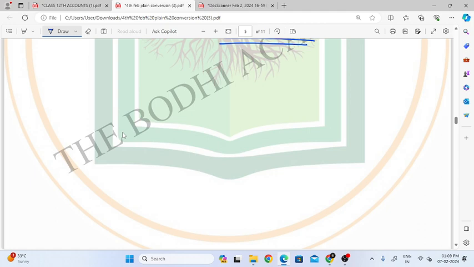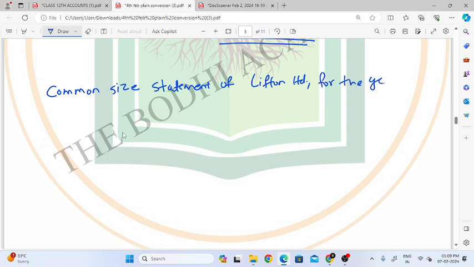Okay, so common size statement of Lifton Limited for the year ending 31st March 2017.